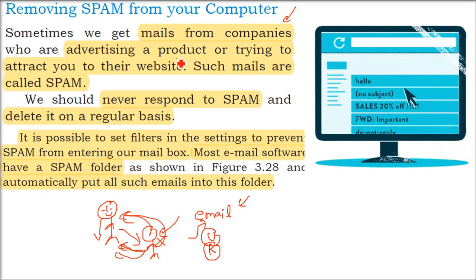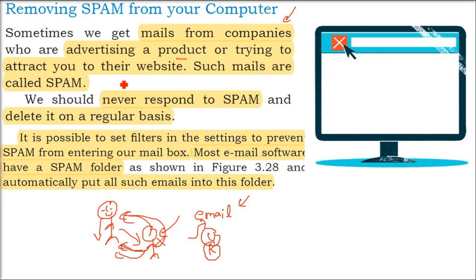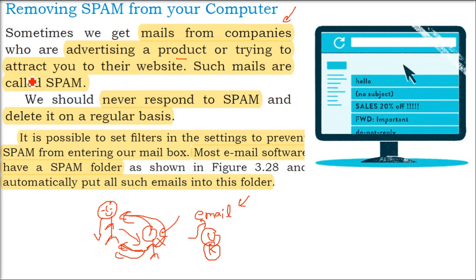So there are so many companies advertising a product, trying to attract you through their website or sending emails. These kinds of unwanted attraction are spam. If somebody is calling on your phone, you can just cut that call or block it. Similarly, that can be done with email using the spam folder.